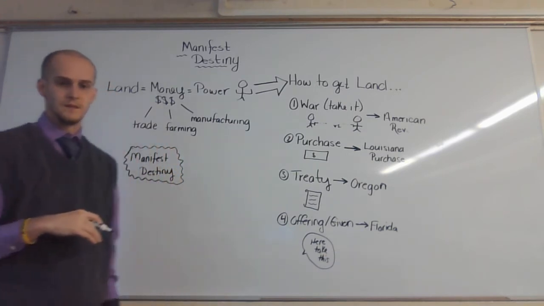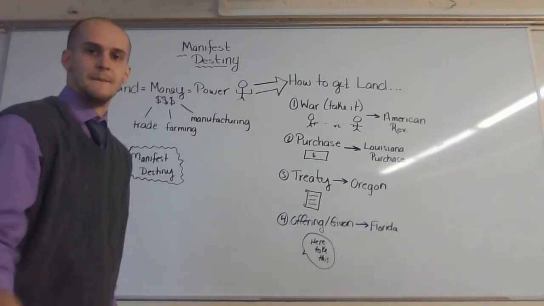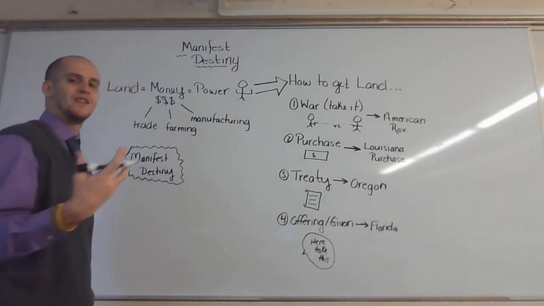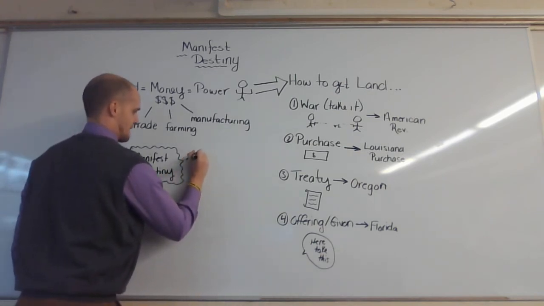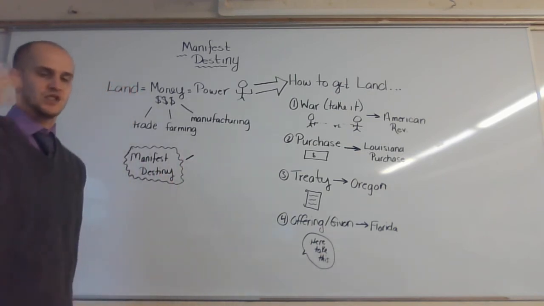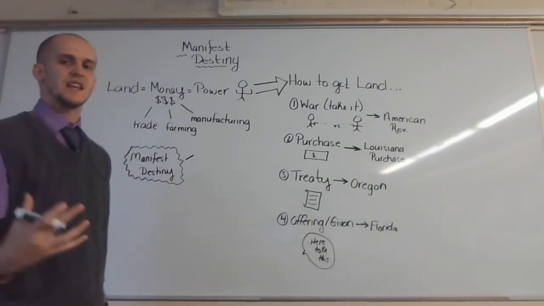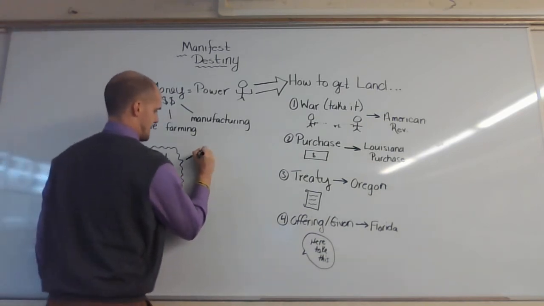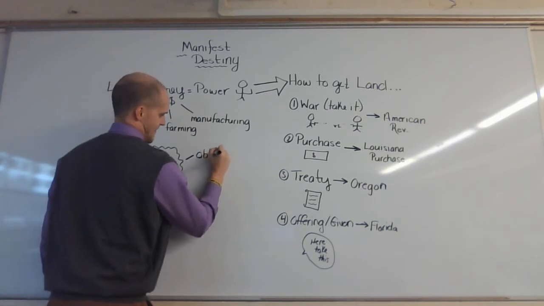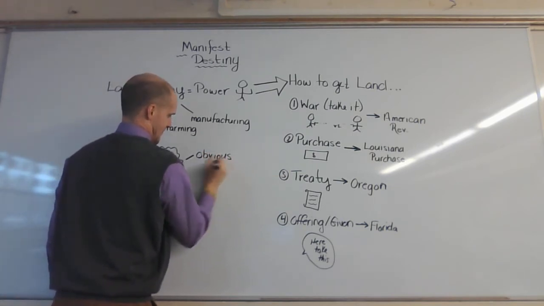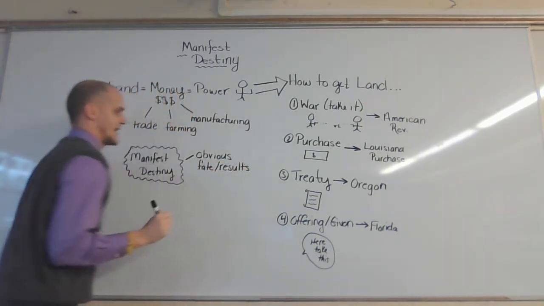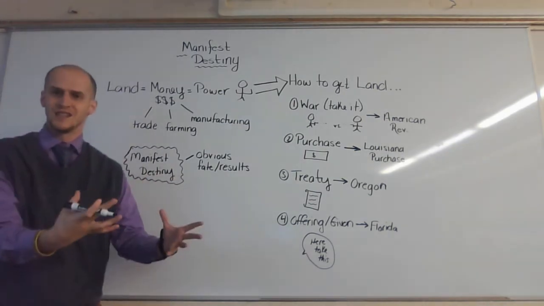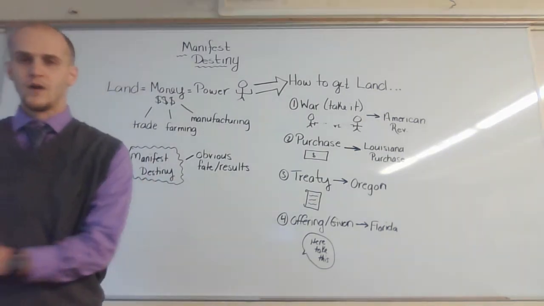Now, manifest destiny, when given a definition by the United States, was defined as obvious fates or obvious results. The United States said it was obvious that they were going to expand west.